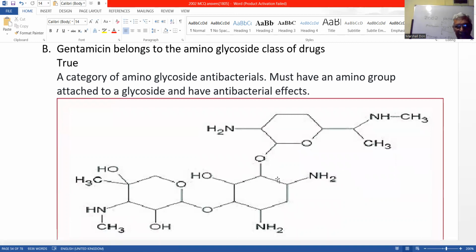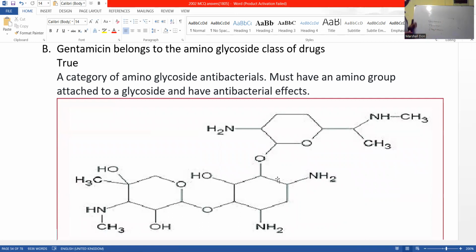Yeah. That is true. Aminoglycoside class of drugs include gentamicin, then streptomycin, and tobramycin.